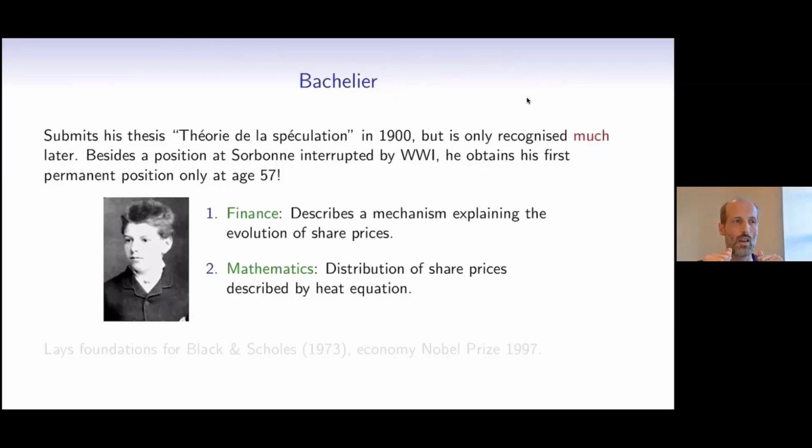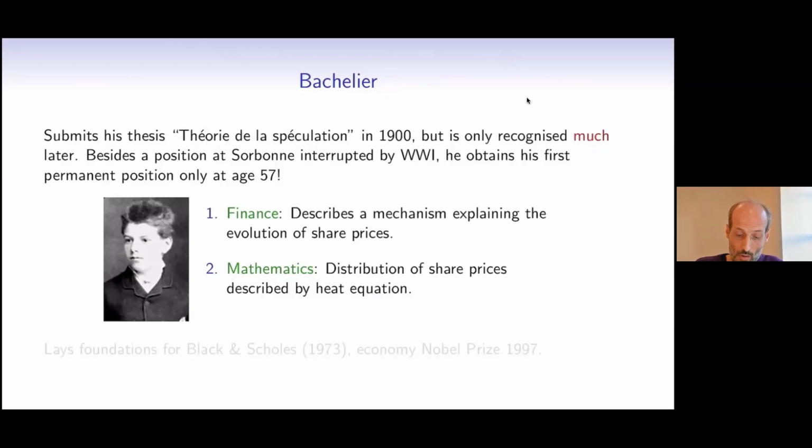In both cases, Einstein, Smoluchowski and Bachelier came up with a mathematical equation that describes the evolution of the probability distribution for, on one side, the position of the particle of pollen, and on the other side, the value of the share price as a function of time.